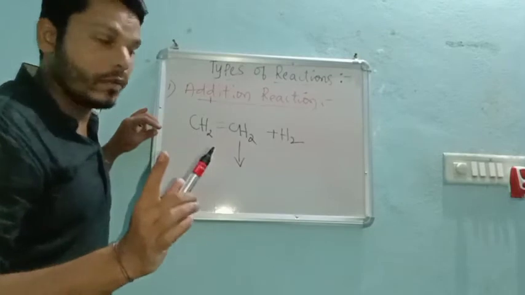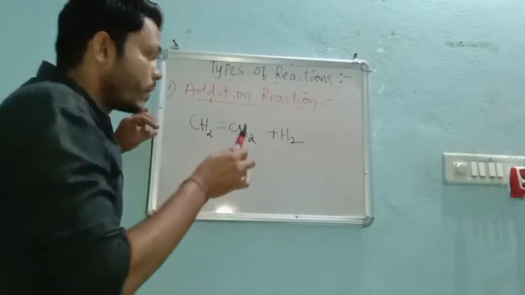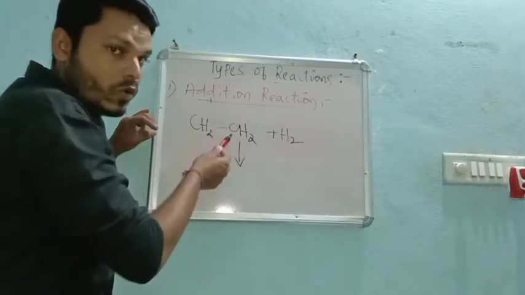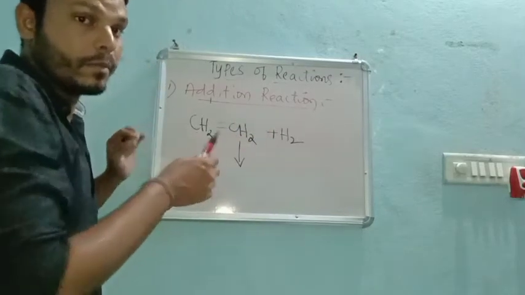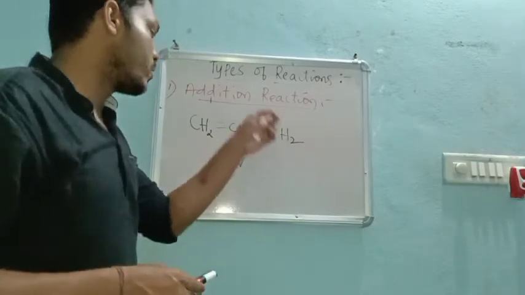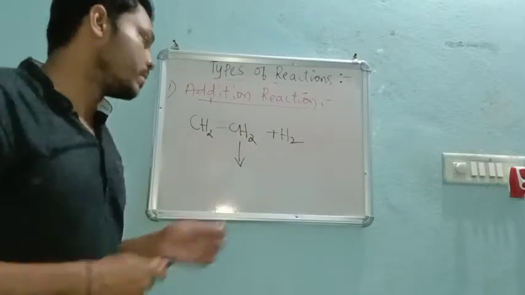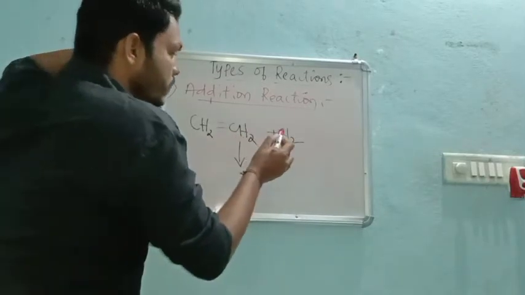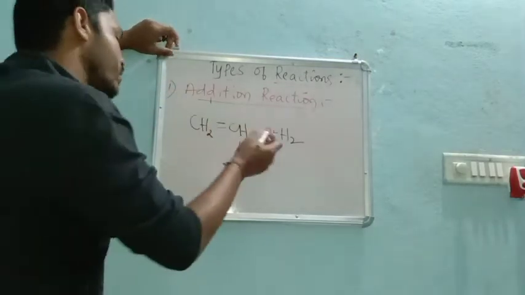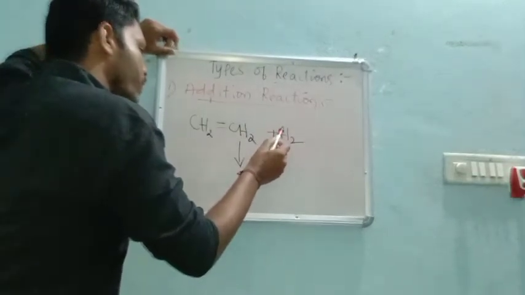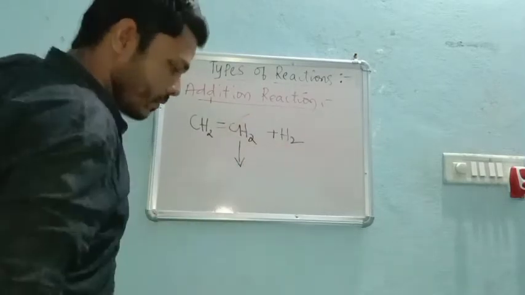Whether it is an addition or an elimination, at a time one hydrogen attacks one carbon atom, and simultaneously the other hydrogen attacks the other carbon atom, but both hydrogens will not attack one carbon atom. So this is the condition. Now this is a pi bond, the upper bond is the pi bond. If we consider, what happens if one hydrogen goes and attacks this carbon?